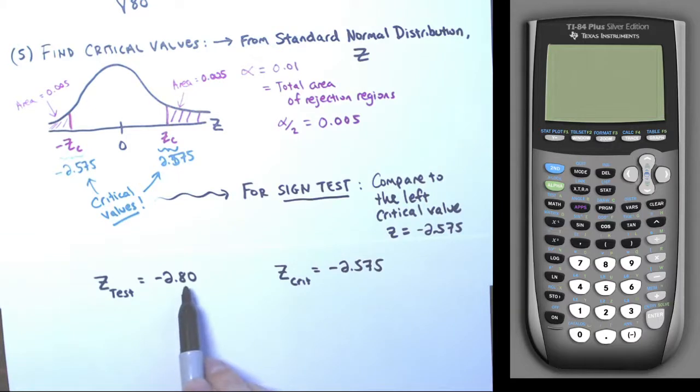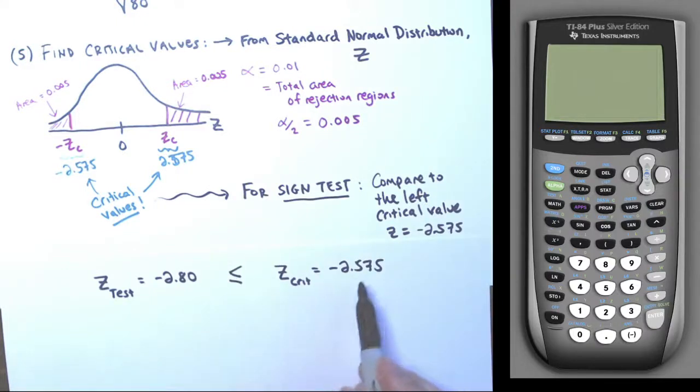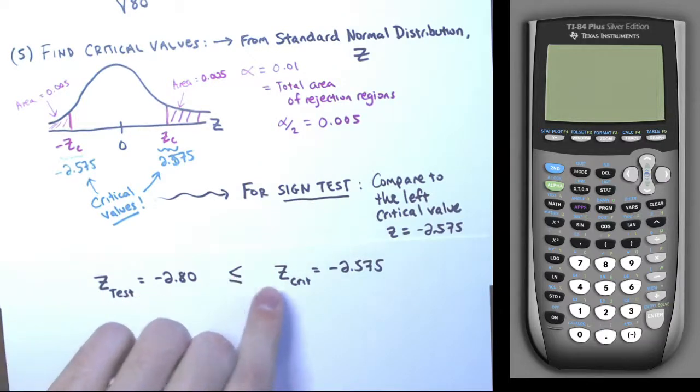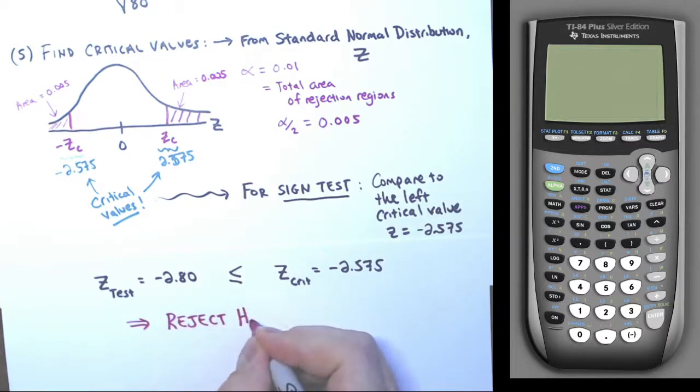Remember, this is more negative than this, so this is actually less. When you are more negative, think about being more in debt. It's worse. This is less than or equal to this critical value. So this time it is satisfied. My test statistic is less than or equal to the critical value. So for this example, we do reject the null hypothesis.